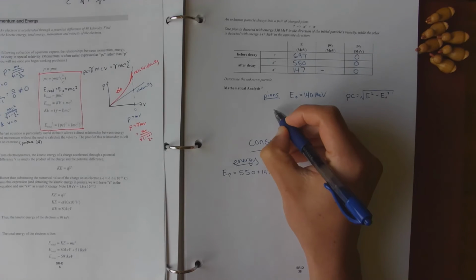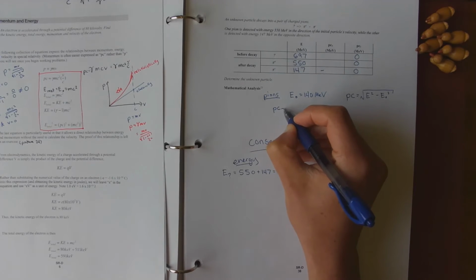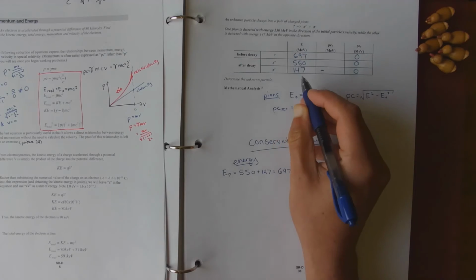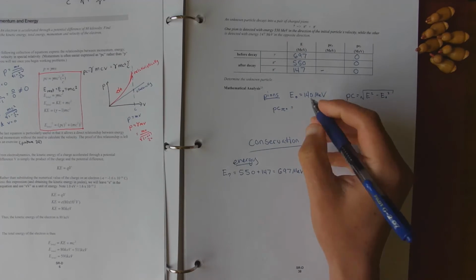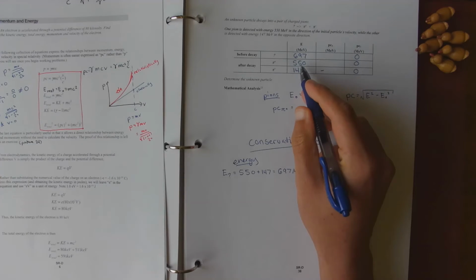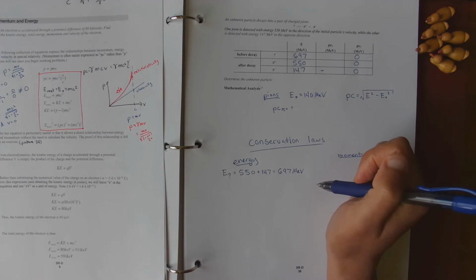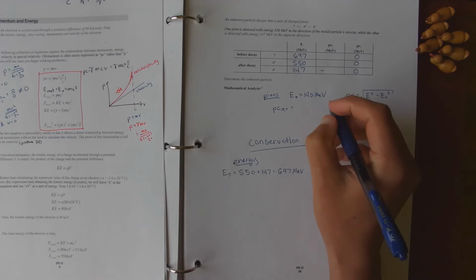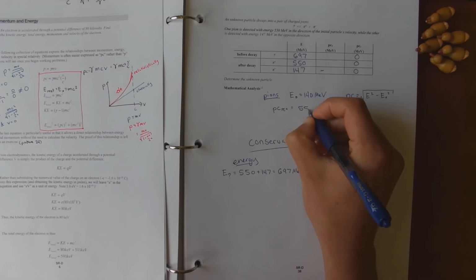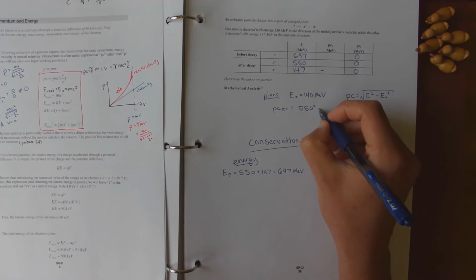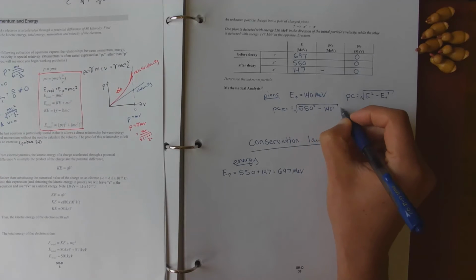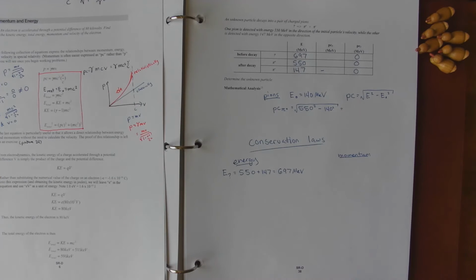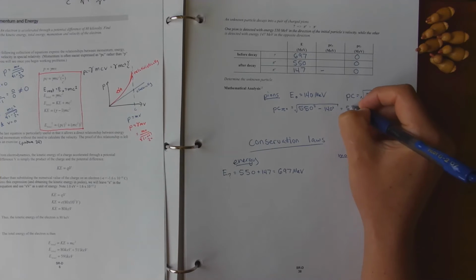So for the positively charged pion, which we said is the one that has a total energy of 550, but it doesn't matter which one you say is which, as long as the one with a total energy of 550 is going in the positive direction, this will be 550 squared minus the rest energy, which is 140 squared. So that gives us 532.